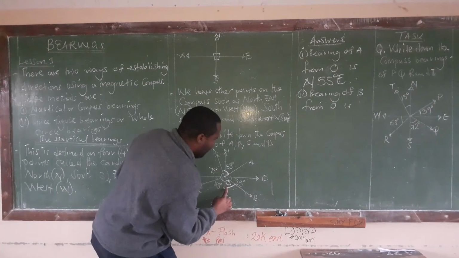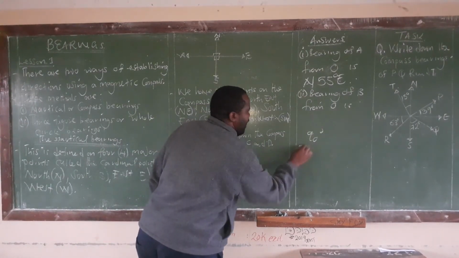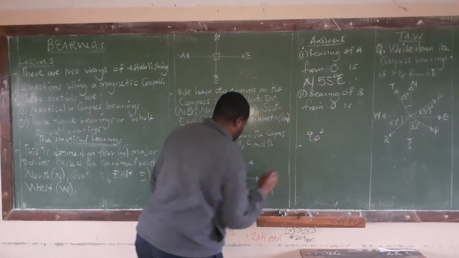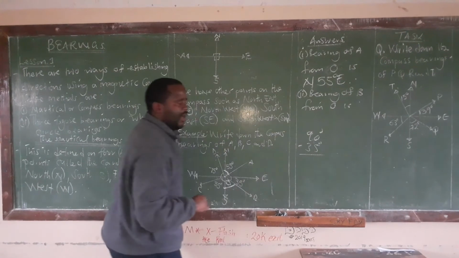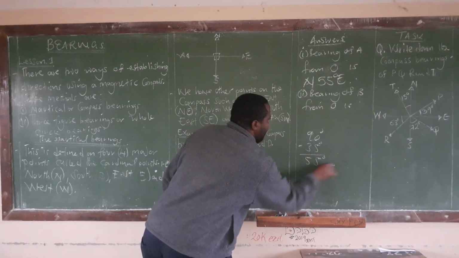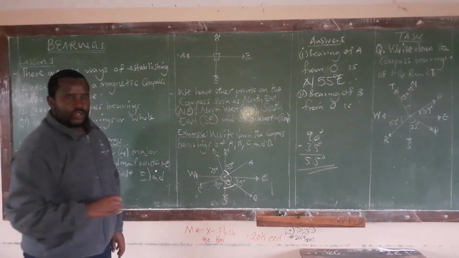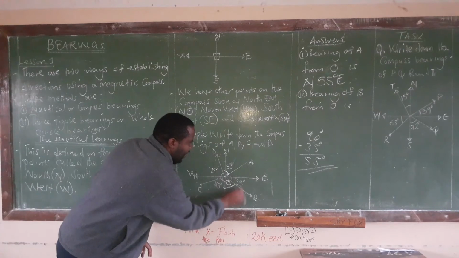So how do we get this? You say 90 degrees minus 35 degrees. When you subtract, you get 55 degrees. So that is the angle that is here.